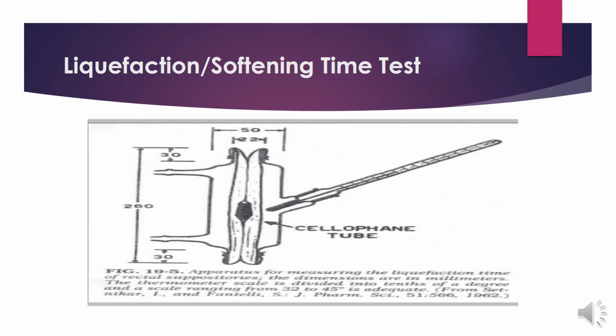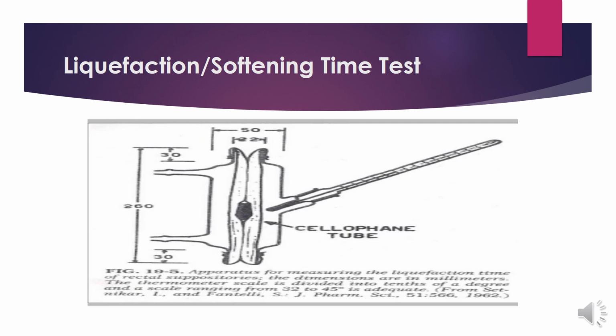So this slide is showing you the image of the liquefaction or softening time test apparatus, that is the condenser with a thermometer, and in the middle you have the cellophane tube, which is tied at both ends but open in both sections so that the suppository is inserted and present in the middle.